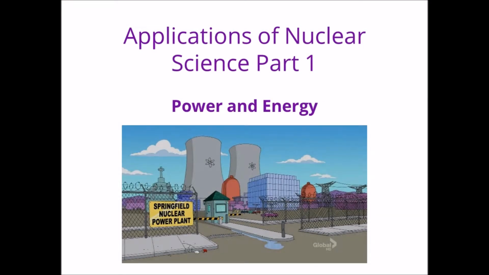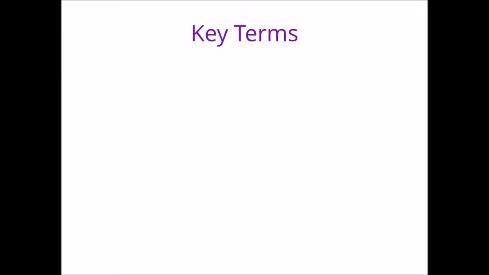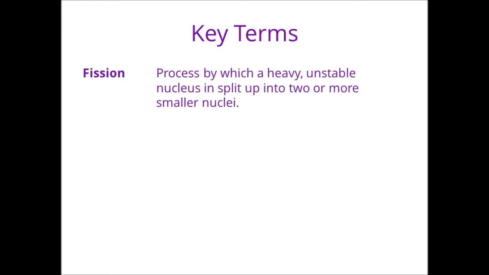Okay, before we can understand how we generate electricity in nuclear power stations, we'll need to get to grips with a few technical terms first. The first term we need to be familiar with is nuclear fission. Fission is the process by which a heavy, unstable nucleus is split up into two or more smaller nuclei, and in doing so releases vast amounts of energy. It's important to note, however, that this is very different to radioactive decay, which, as we learnt previously, is a spontaneous process.